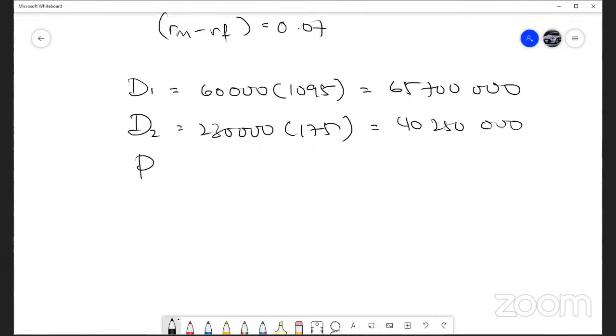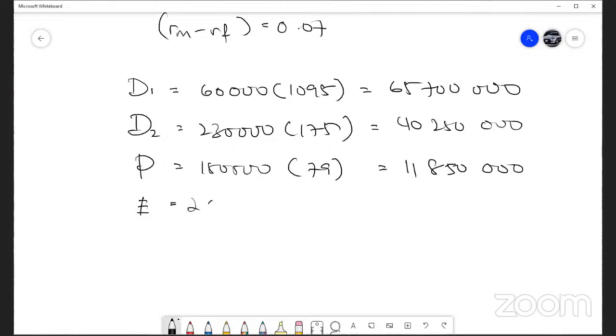Preferred stock: 150,000 shares, each one valued at $79. So 11,850,000. Lastly, equity.